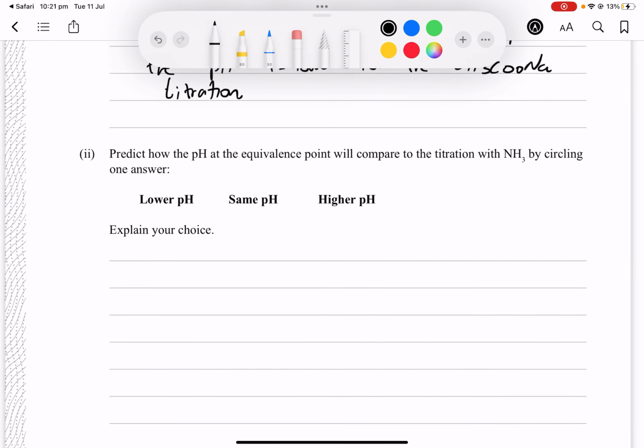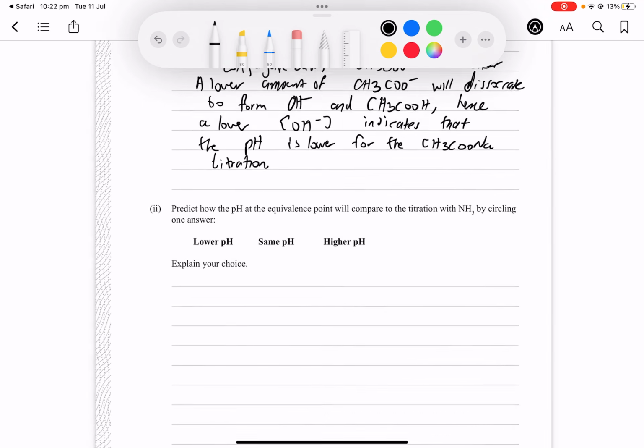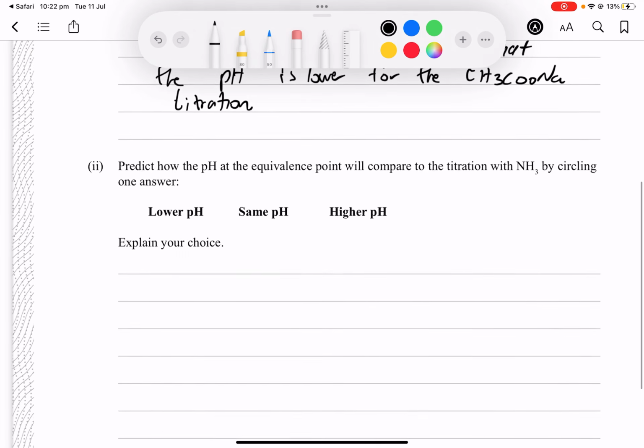So we want to predict how the pH at the equivalence point will compare to the titration with NH3 by circling one answer. At the equivalence point, all of the conjugate base will have reacted to form the acid, and then the acid will further dissociate in water to form some concentration of hydronium ions. So now we're looking at the acids. In this case, CH3COOH is again stronger than NH4+.